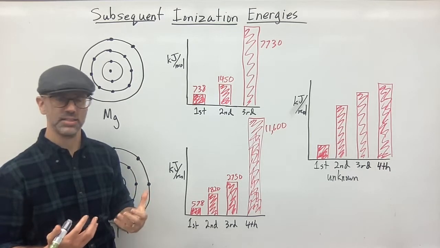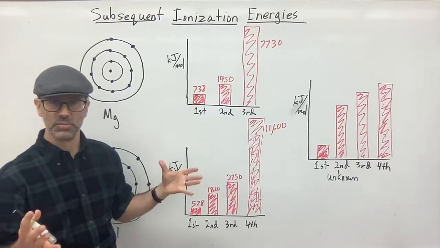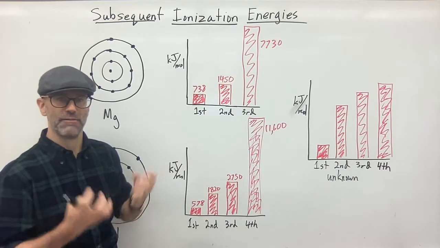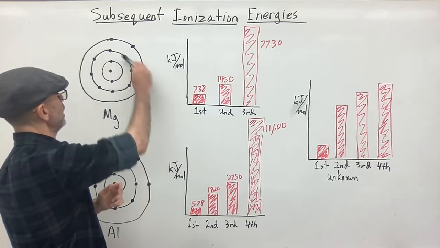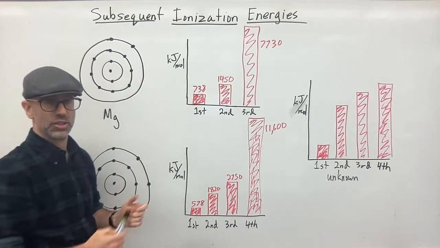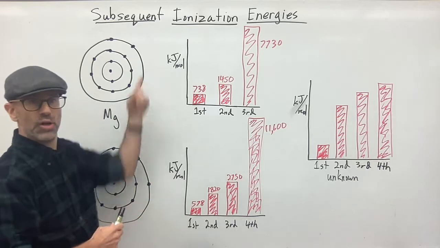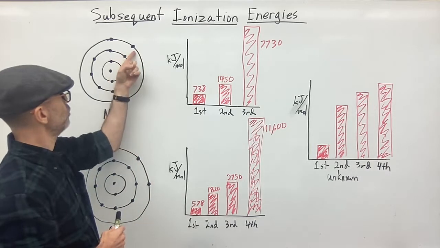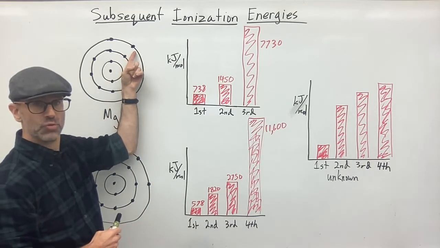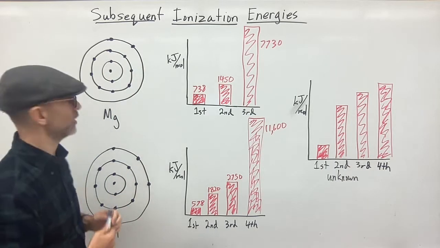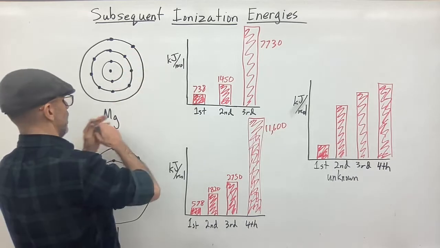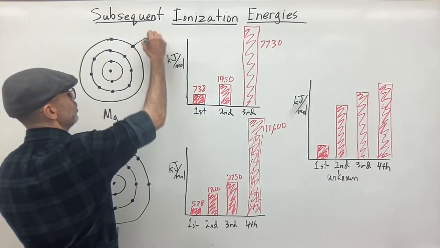Why are they the easiest? It's because they are farthest from the nucleus, and so they're not feeling as large of a pull as the inner electrons, the core electrons, are. So if we're going to remove one electron, the first one is going to be one of these two electrons. Okay, so this one is removed.